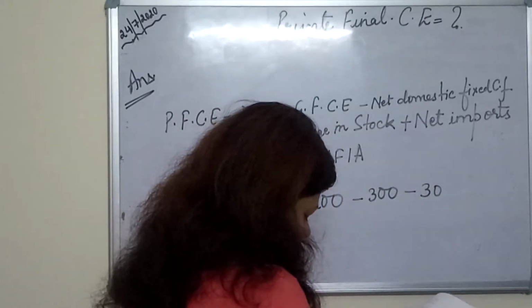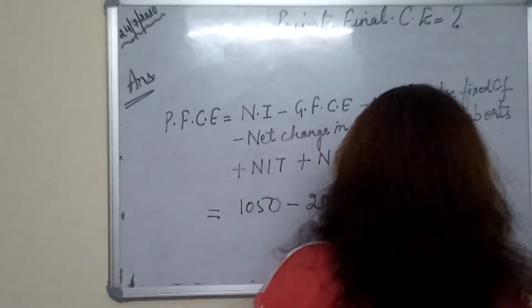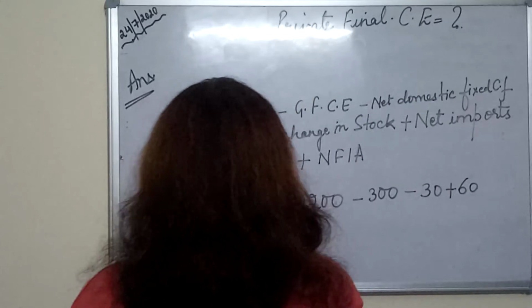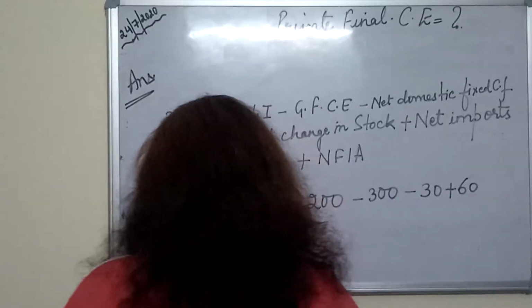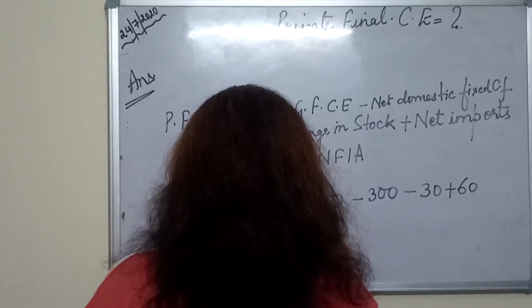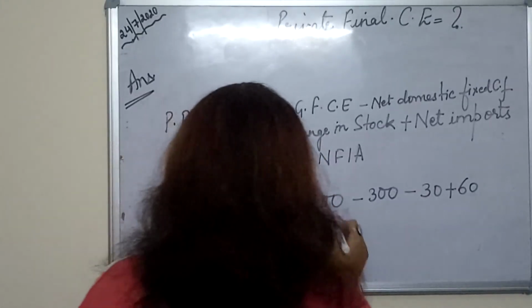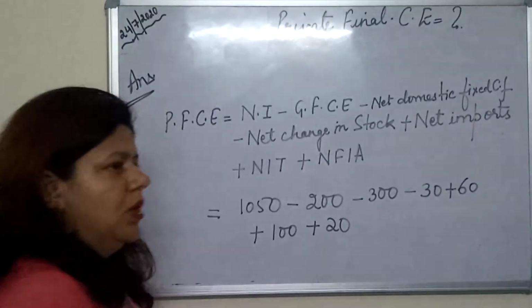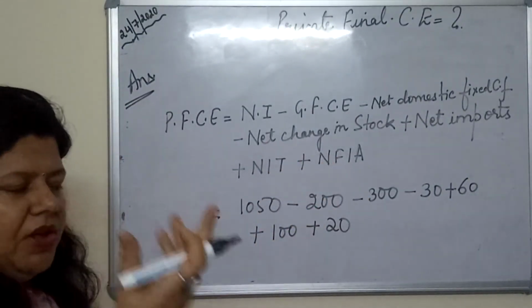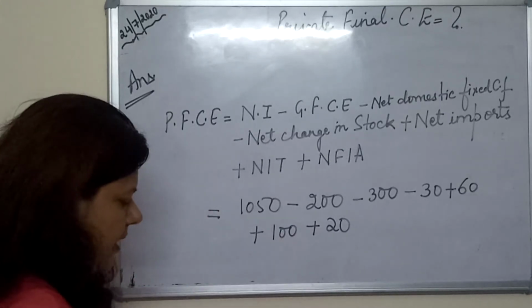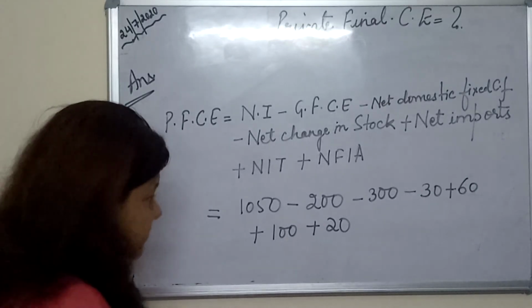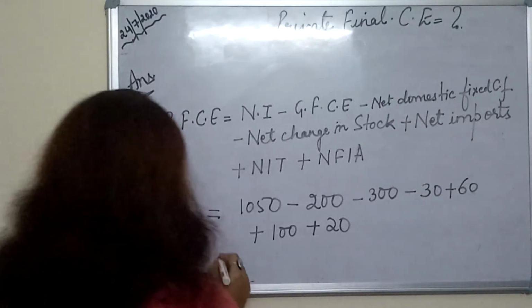Net imports in the question are given as 60. So we are adding 60 here because net imports are added in this question, plus NIT which is given as 100, plus NFIA 20. We are not taking net current transfers because NFIA is given. That means whatever we are giving and whatever we are taking is already adjusted if net factor income to abroad is given. Clear? So everything we have covered.